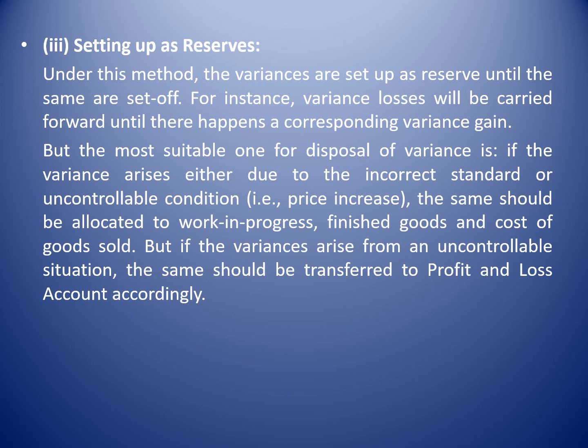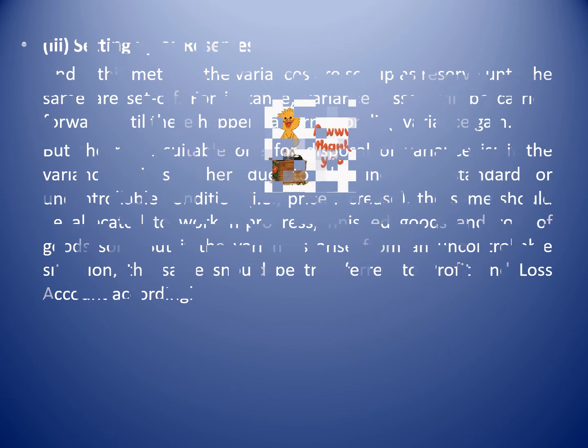But the most suitable one for disposal of variance is if the variance arises either due to the incorrect standard or uncontrollable condition, the same should be allocated to work in progress, finished goods, and cost of goods sold. But if the variances arise from an uncontrollable situation, the same should be transferred to profit and loss account accordingly.